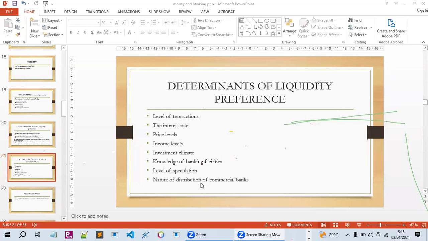Because of the daily transactions they need to make, they need to hold their wealth in cash form or near cash form for the daily transactions. But if the level of transactions is low, it leads to a low liquidity preference, since there is no need or purpose for carrying out the daily transactions. Is that a better explanation?